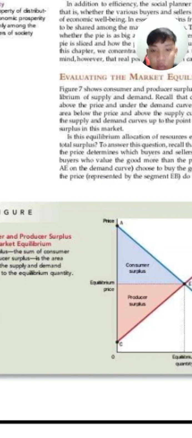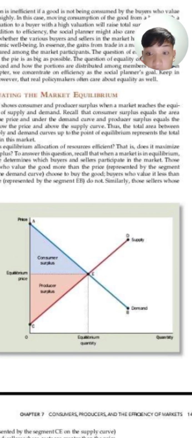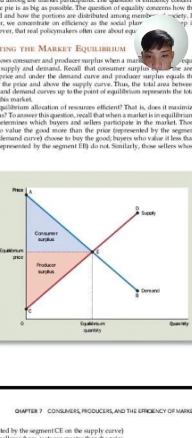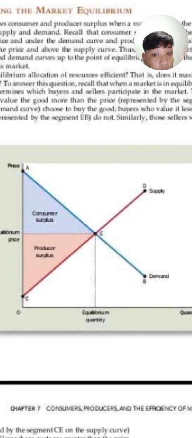So let's proceed to the graph. In A, you see the apple here, and then in B, the lower part is the demand.